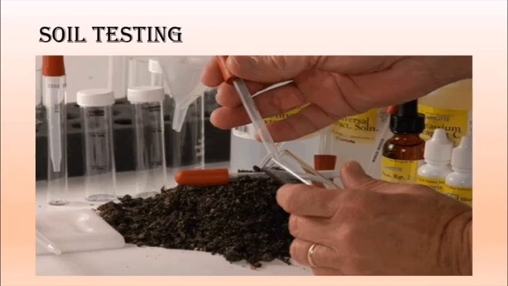Also, the fertility of soil is tested, along with the different amounts of chemicals and fertilizers which are already present in the soil. And according to that, they will decide which type of fertilizers and pesticides will be suitable for that particular soil. So all these things are done in soil testing.